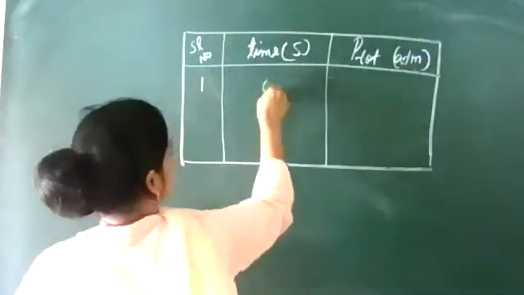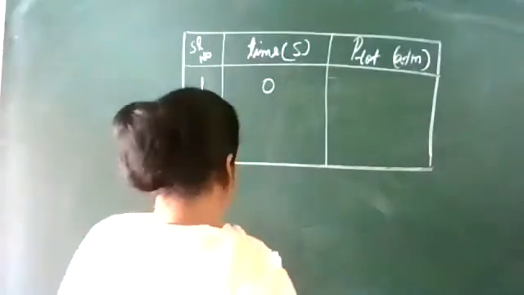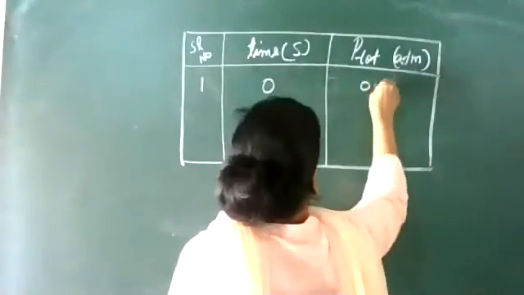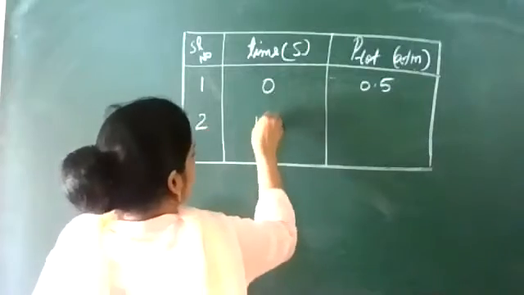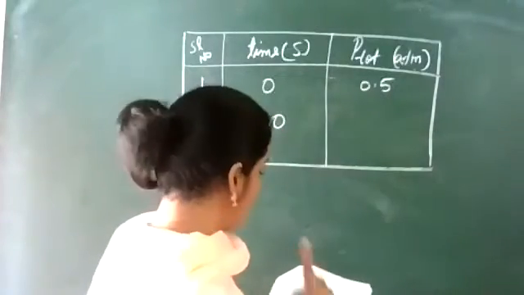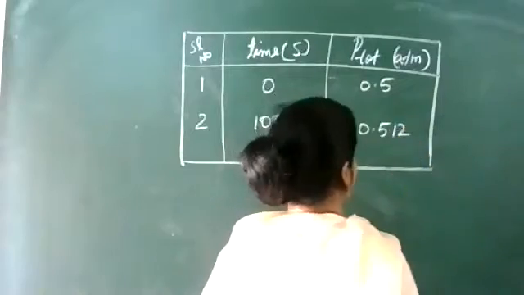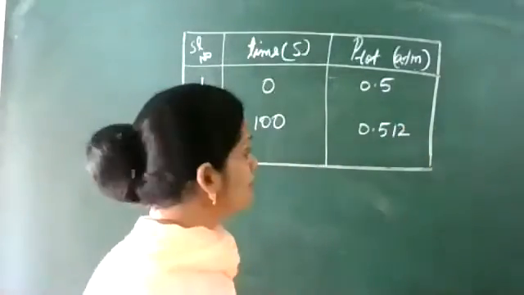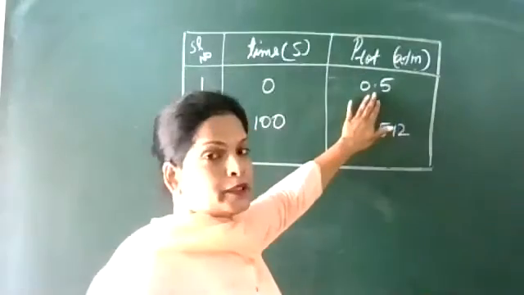Number one, time 0, that means initially, 0.5 atmospheric pressure. Number two, after 100 seconds, 0.512. This is P total, and this is P initial only.